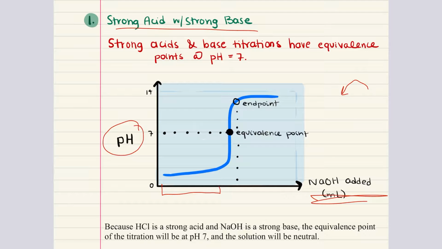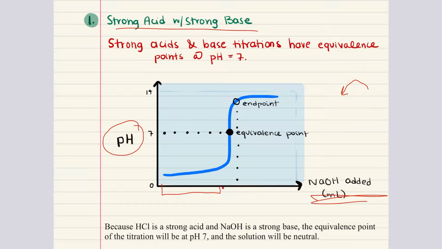Because hydrochloric acid is a strong acid, it completely dissociates into hydrogen and chloride ions. In this region, the concentration of hydrogen ions is high and the pH is low. Adding small amounts of sodium hydroxide will slightly neutralize the hydrogen ions, but the pH does not change significantly because the solution is still dominated by the acidic species.